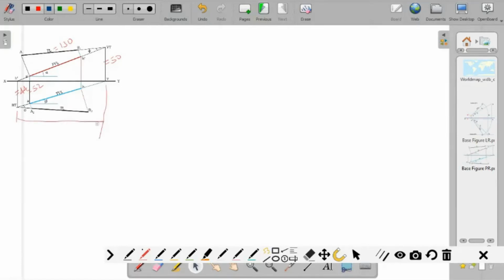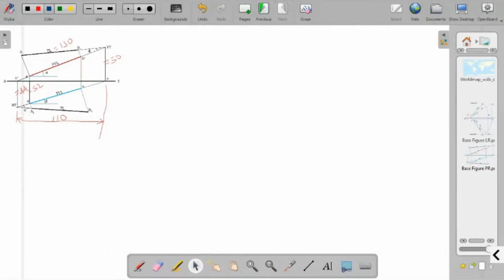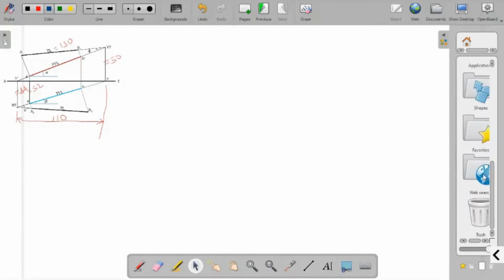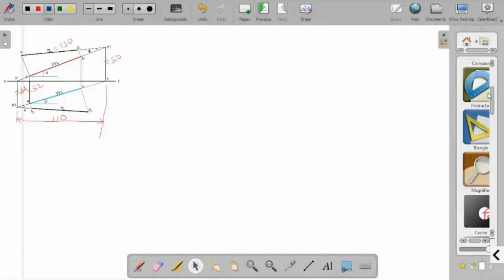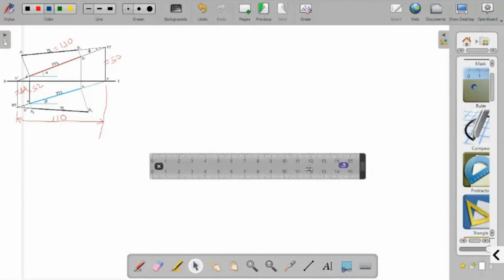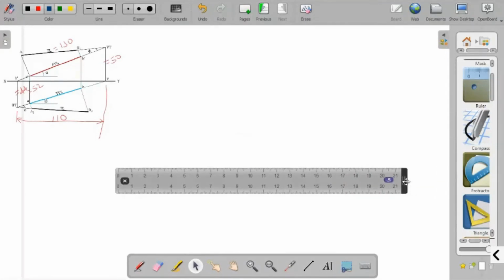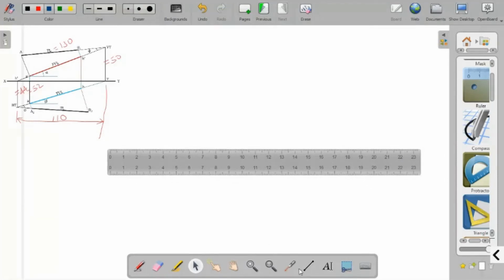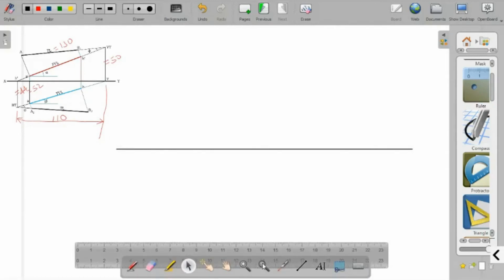This is 110. That's it. So this is line XY.